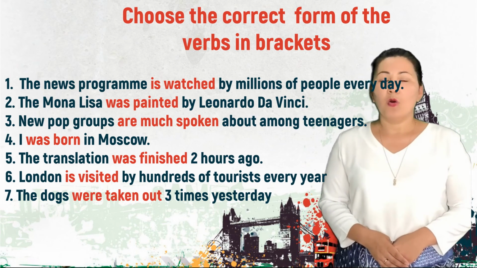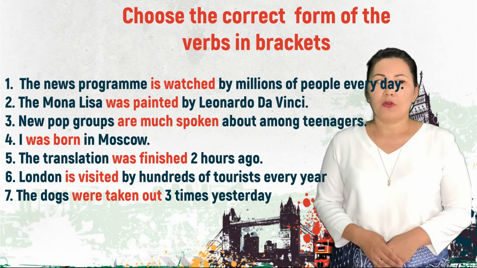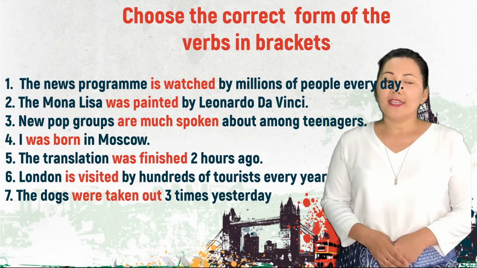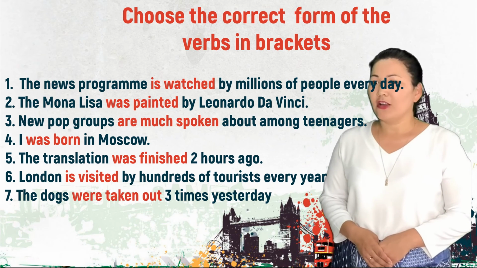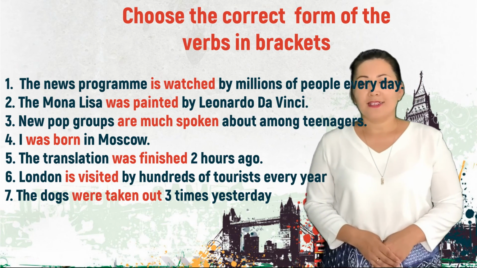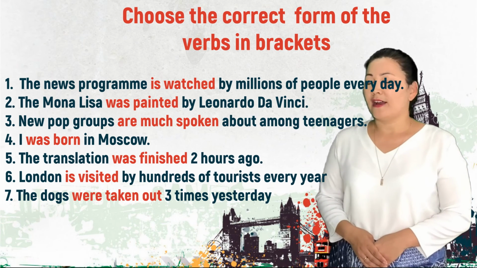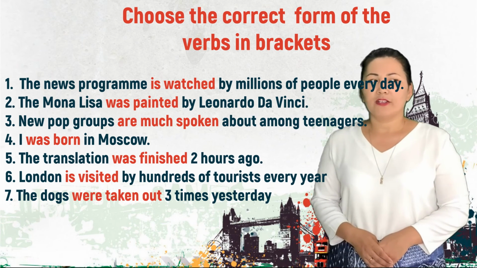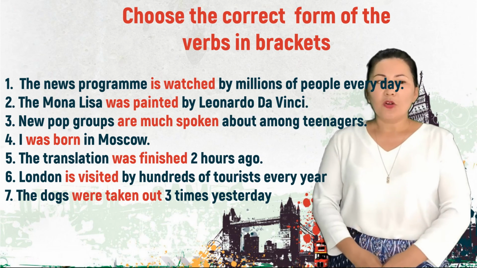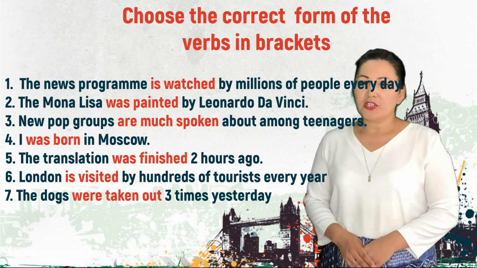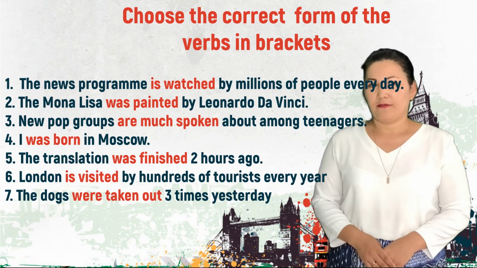Fourth, I was born in Moscow. Next, the translation was finished 2 hours ago. London is visited by hundreds of tourists every year. Last sentence, the dogs were taken out 3 times yesterday.